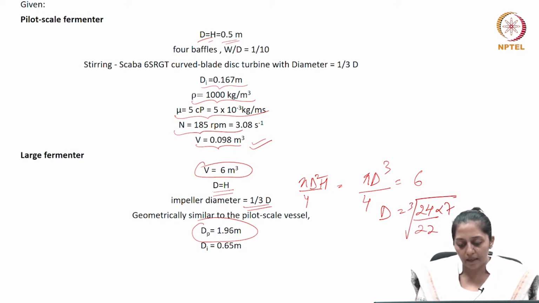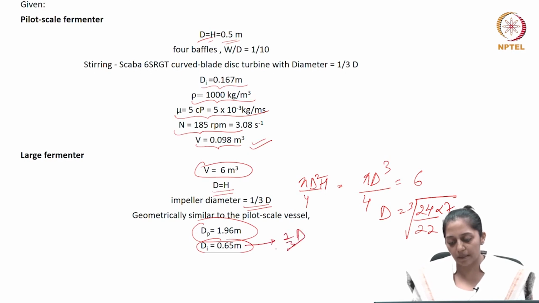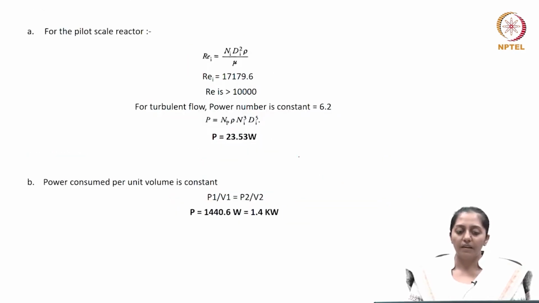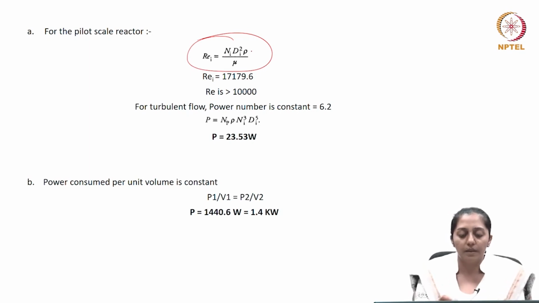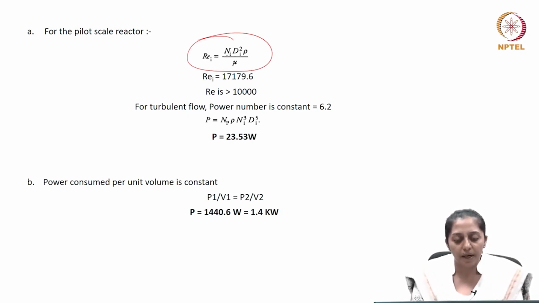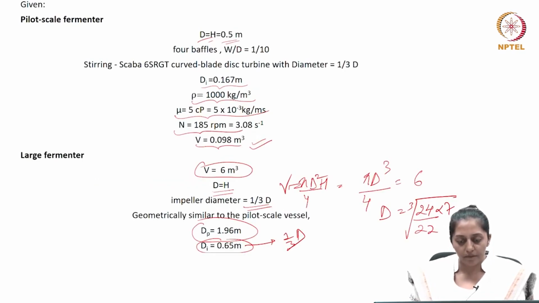So, once we know the tank diameter, we can find out the impeller diameter, which is 1/3 of the tank diameter. Now, for the pilot scale reactor, the Reynolds number is given by the expression Di square N rho by mu. Viscosity and density remain the same for the fluid. The impeller diameter is known and the impeller speed at the pilot scale is also known, which was 185 rpm.